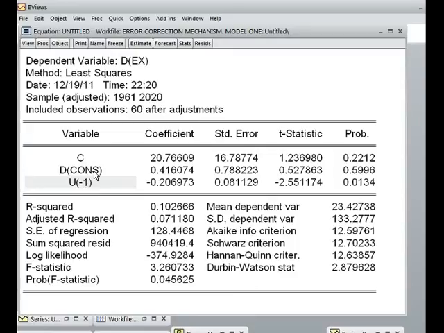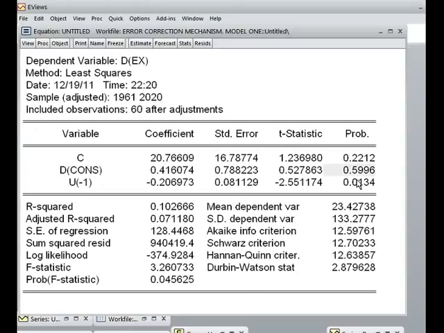Okay, here dcons is what? This coefficient is not a long-run coefficient. 0.41 is a short-run coefficient. And is it significant? No, because the p-value is 59.96%, which is more than 5%.